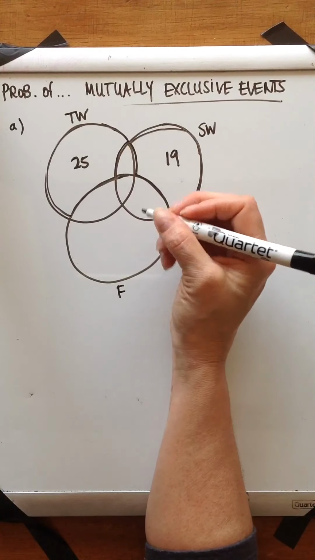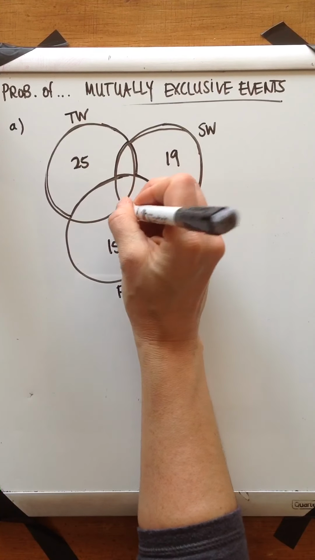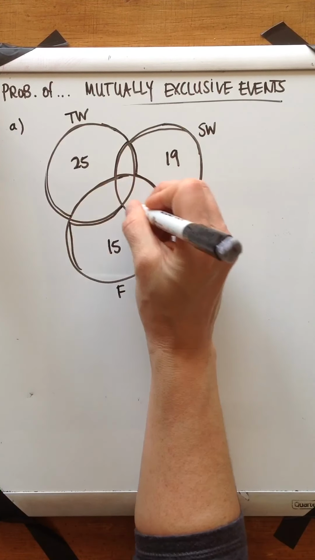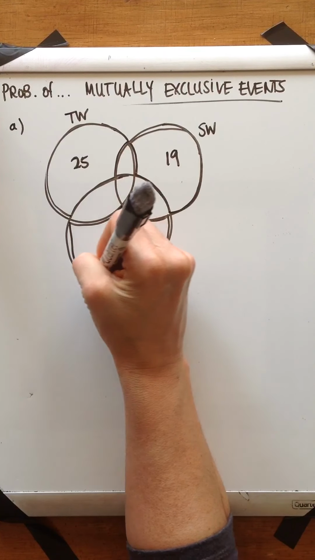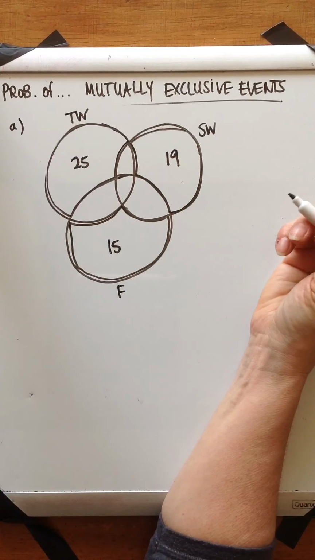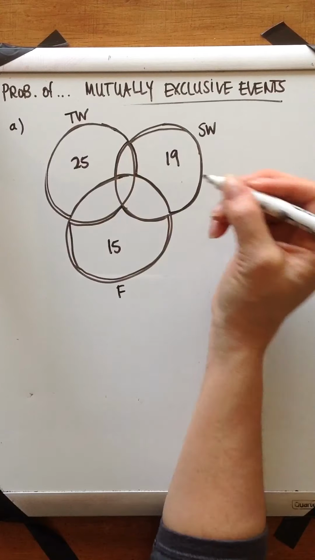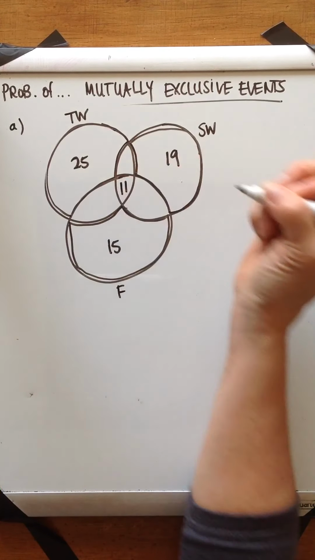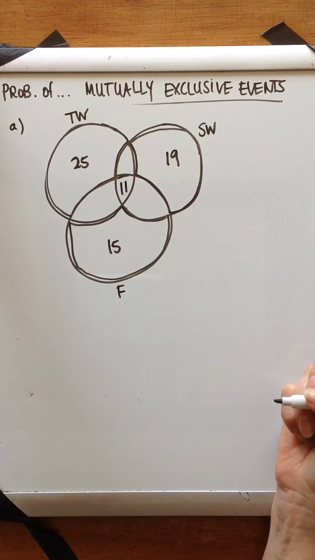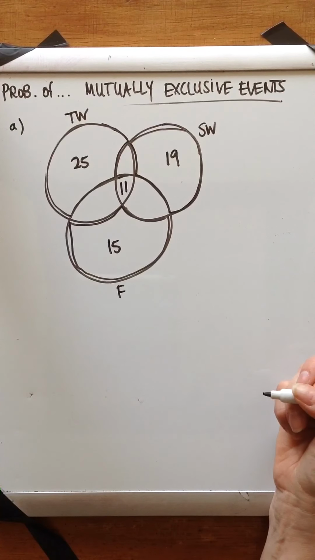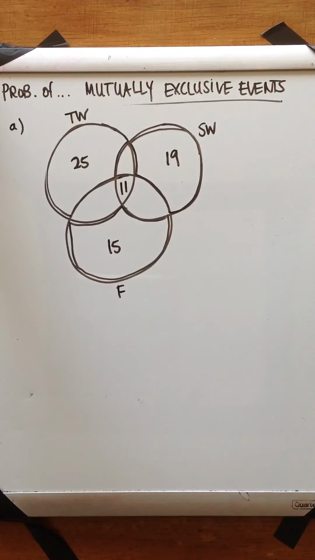And in similar fashion, we're told that there are 15 for Fashions magazine. We're also told that 11 subscribers get all three magazines, so we can put those dead center to overlap for the three. We are also told that there are 41 that subscribe to Teen World and Star Watch.